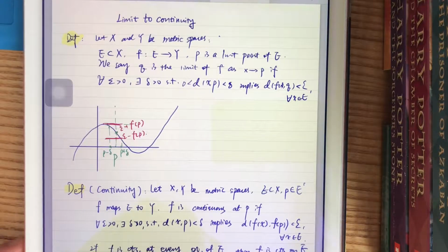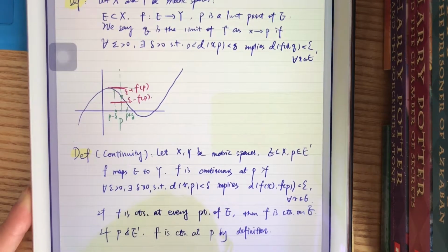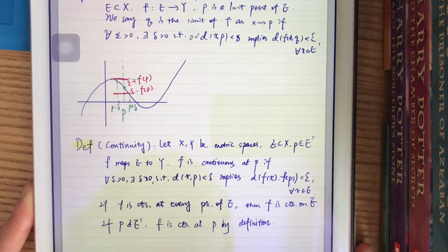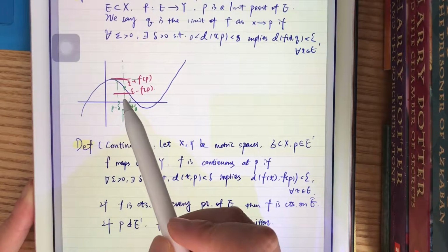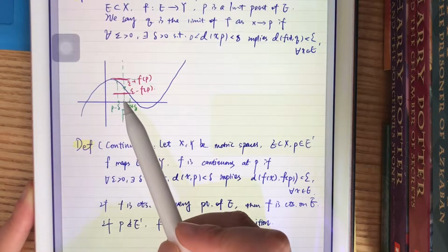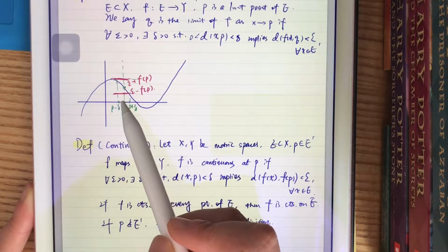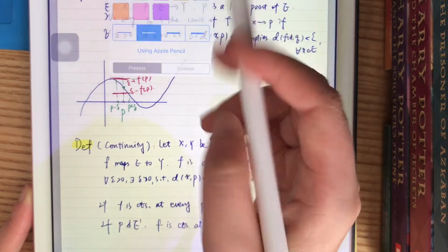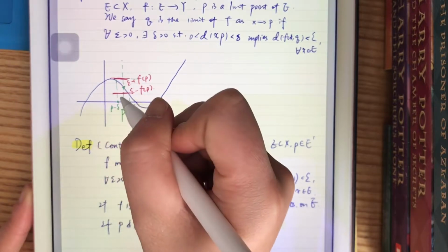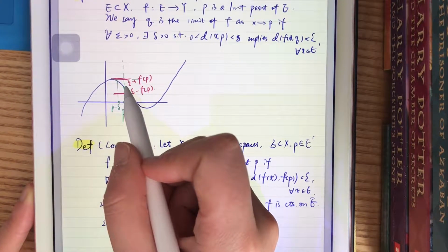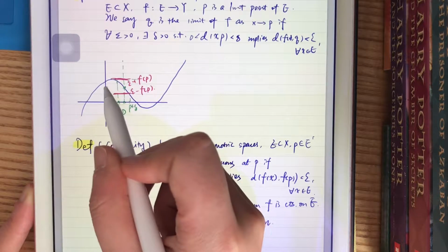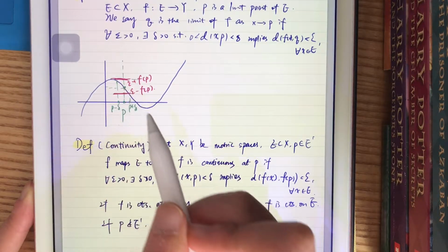So if we set it on this graph, okay. Suppose we are looking for the limit of the function at the point P. So P is here, and well, in this case we know that F(p) is actually Q, right?